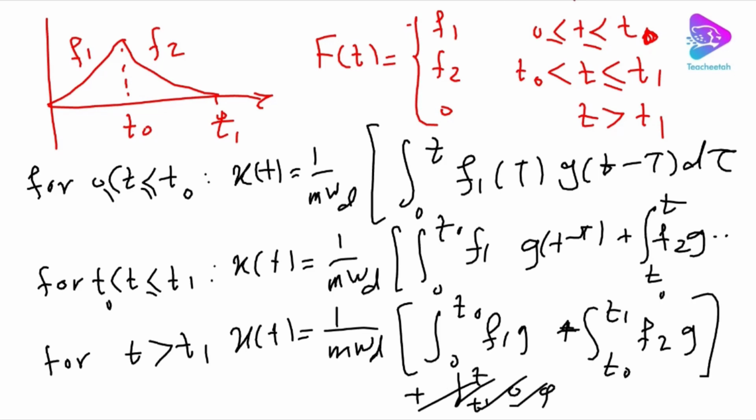So this is how this method works for multiple piecewise components in the piecewise function. I hope you got the idea of how to apply this procedure for cases where the force function is not continuing with time.